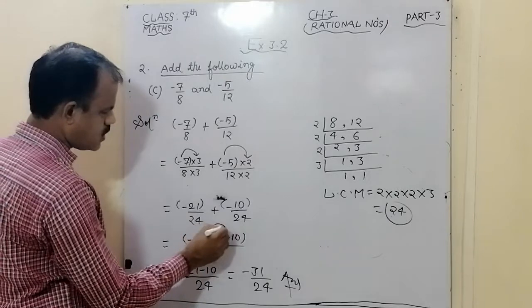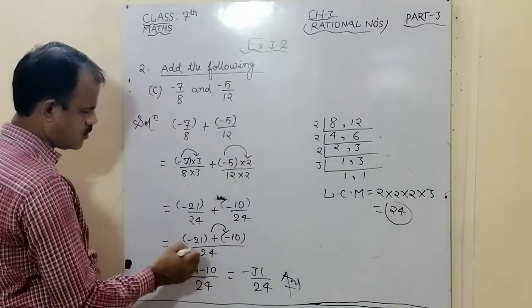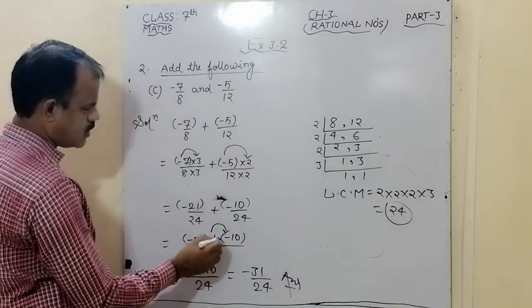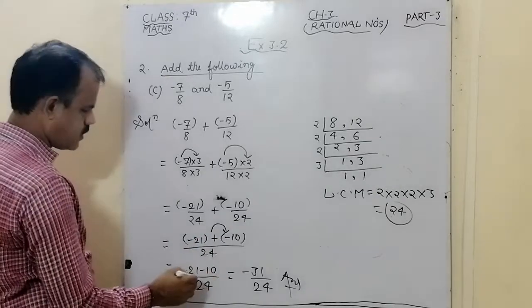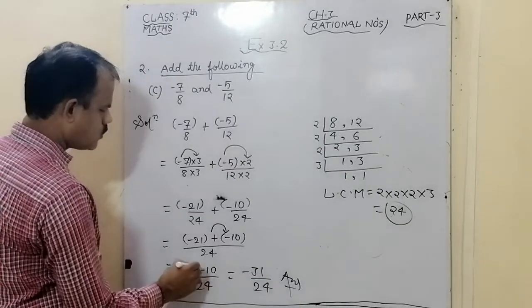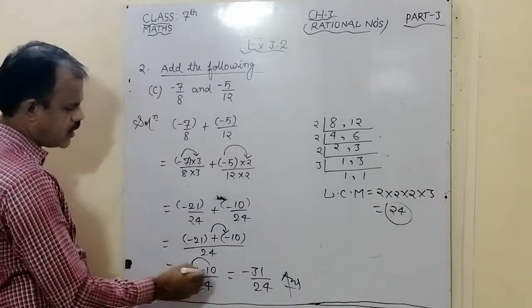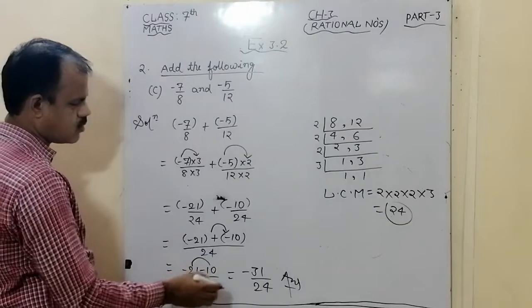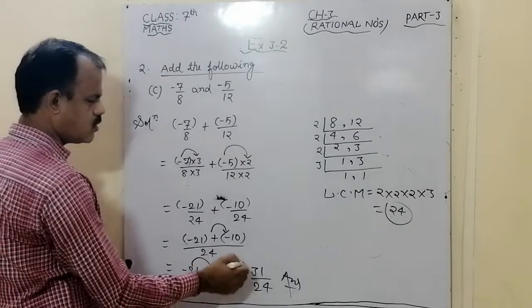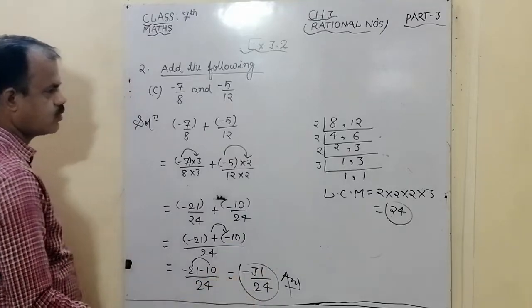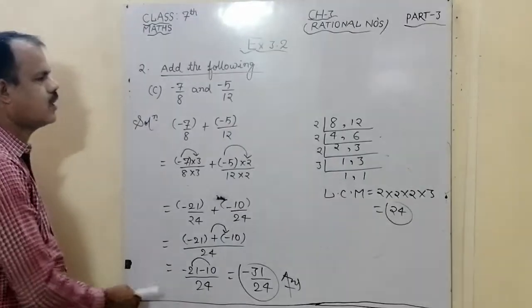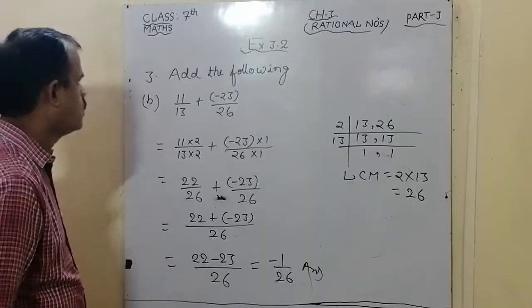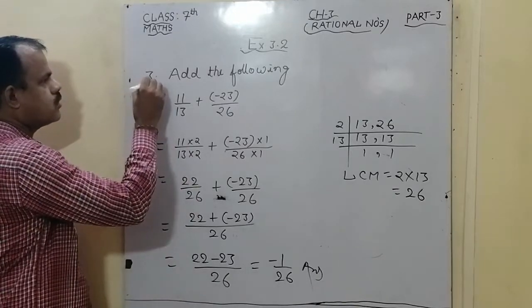Plus into minus becomes minus, so minus 21 minus 10 upon 24. Now both the numbers are negative, so it becomes minus 31 upon 24, and this is the final answer.